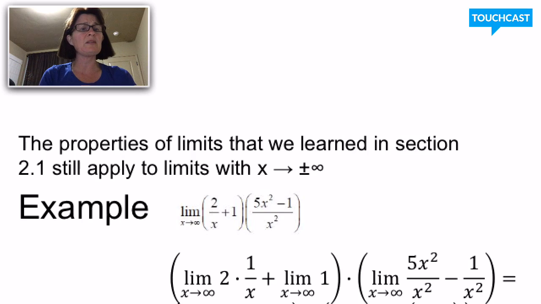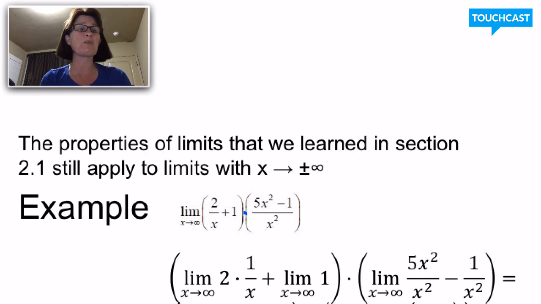A similar example: again, I have a limit of a product, so I'm going to start by rewriting this as the product of the two limits. Instead of the limit as x approaches infinity of this whole product, 2 over x plus 1 times the quantity 5x squared minus 1 over x squared, I'm going to imagine a multiplication dot right there and think of that as the limit of a product.